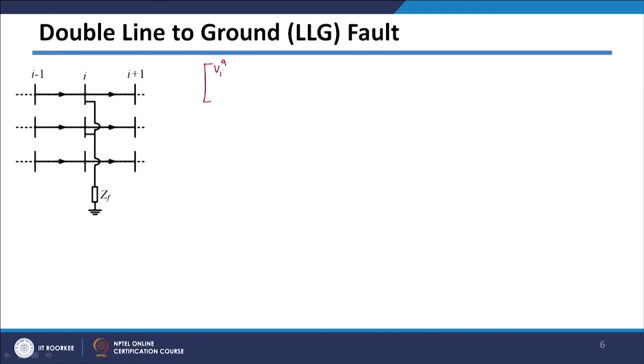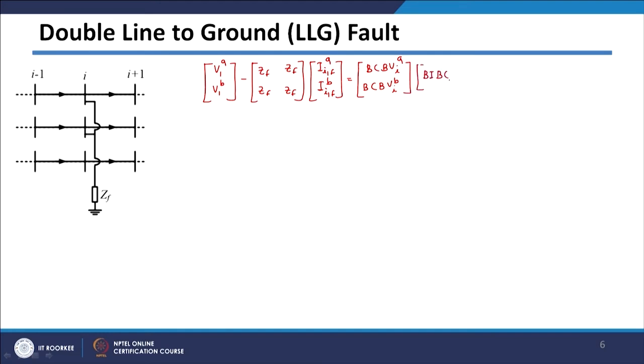So, V1A, V1B minus ZF, ZF, ZF, ZF into fault current in A phase, fault current in B phase is equal to BCBV matrix rows corresponding to A phase and B phase of ith bus, and then the column of BIBC corresponding to ith bus and A phase, and BIBC column corresponding to ith bus and B phase, and this again we have seen is getting multiplied with your fault currents.